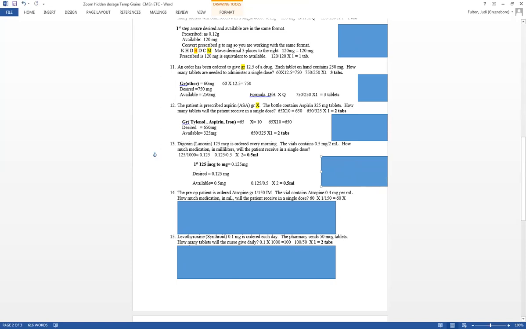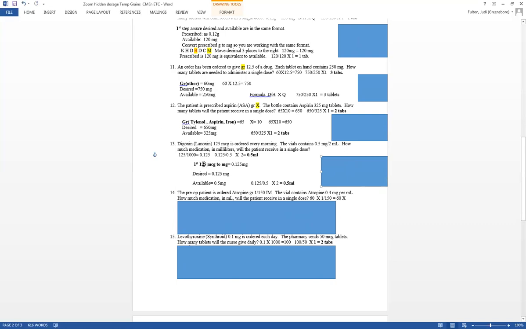So first, I have 125 micrograms. I need to convert to milligrams. I would tell you, when you have micrograms, you simply divide by 1,000, or move the decimal 3 places. So if I'm going to move the decimal 3 places to the left, it would be behind the 5.